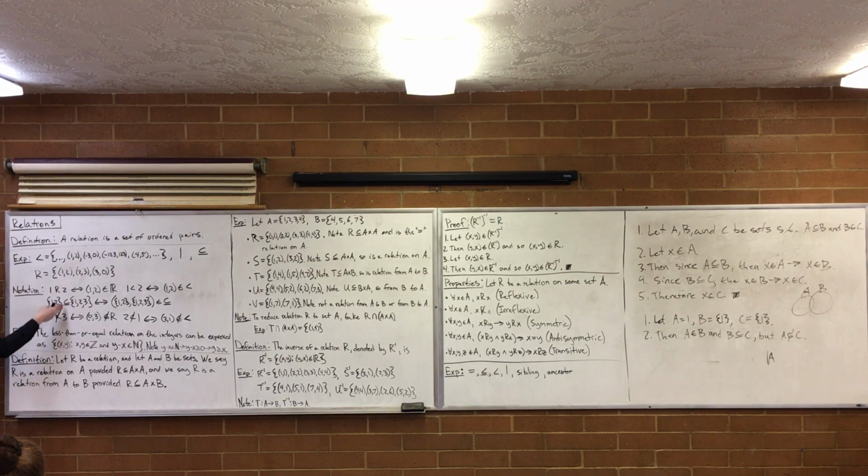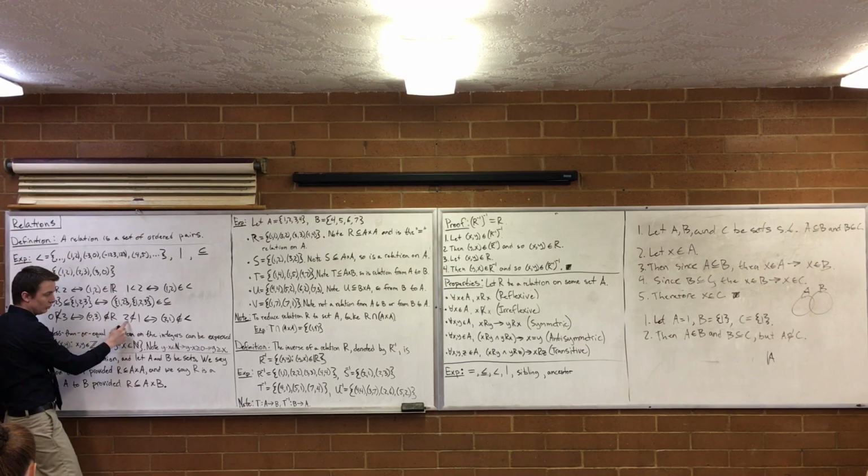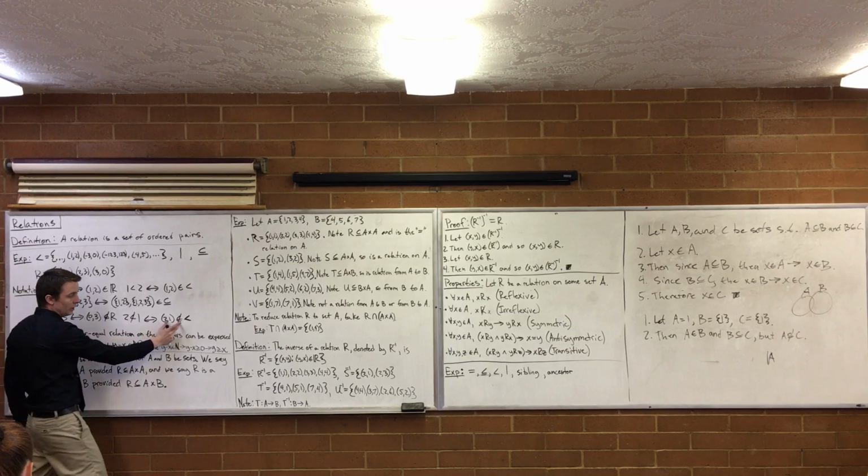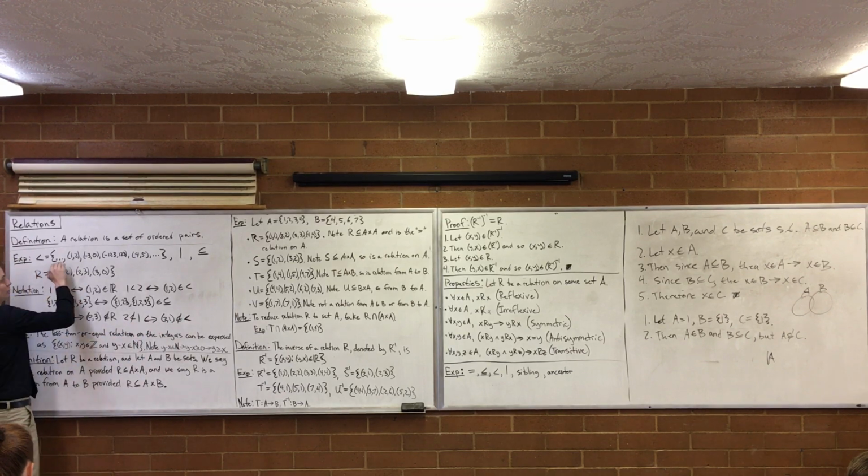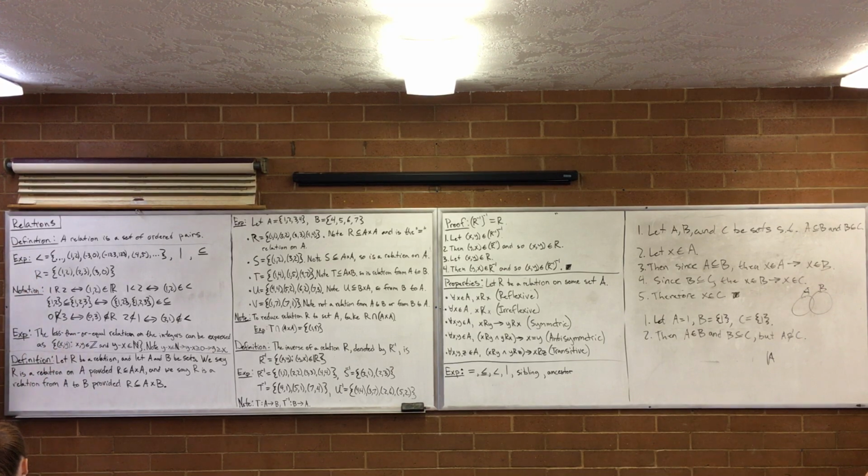It's just what this notation means. When I put a line through it, when I say 0 isn't related to 3 by this relation R, that means 0, 3 wasn't in R. When I say 2 is not less than 1, I mean 2, 1 is not in the less than relation. If I were to list all these things out, 2, 1 wouldn't be in there. That's all it means. So just notation.